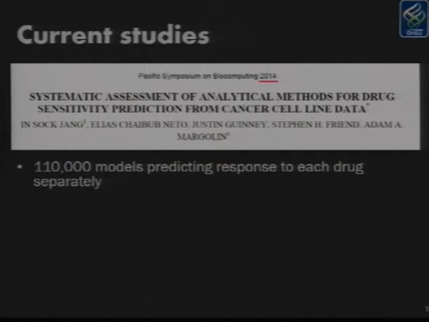Each of these models is in the category where we're only looking at one drug at a time, but all the cell lines. So we're using information from all other cell lines to try to predict the response to one particular drug, and examining what attributes of that type of model are best in predictive performance.